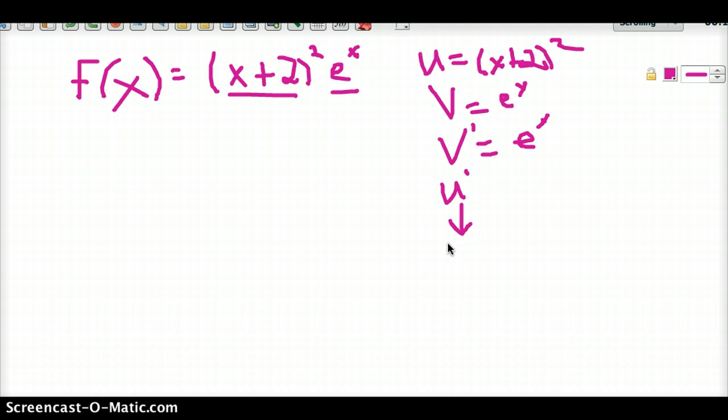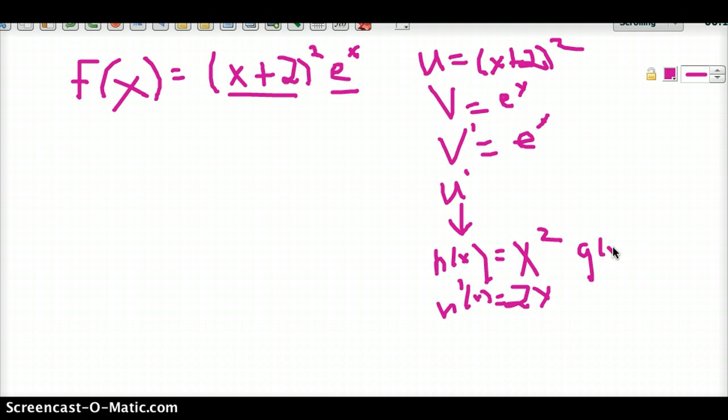So we'll just break this into parts, an inner and outer function. h of x is equal to x squared. h prime of x is equal to 2x. g of x is equal to x plus 2.